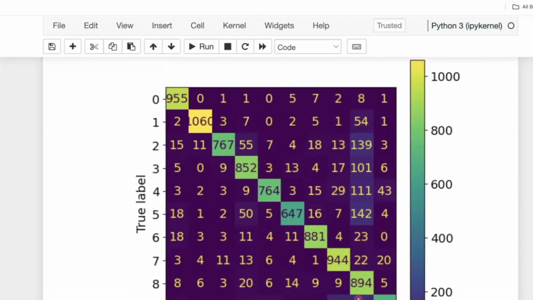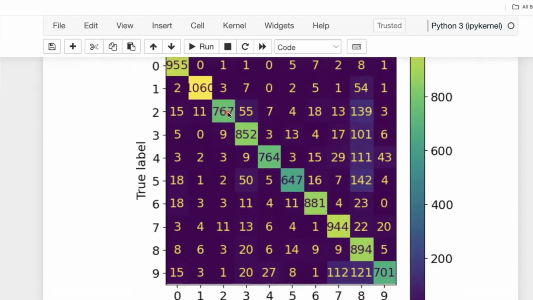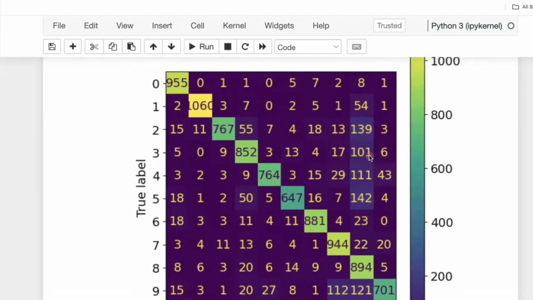And we do have, for example, some problems, I would say, with digit 8. You can see that a lot of images that are actually from class 2, 3, 4, 5 were labeled as digit 8. So that's one of the places that we have to work on if we want to improve this classifier.